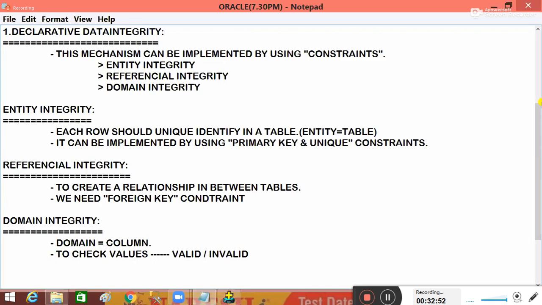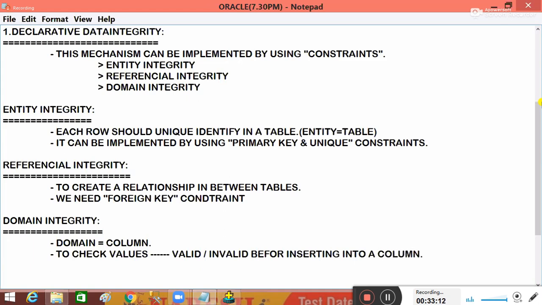When data is valid, only then is it accepted into the column. So it checks values before inserting into a column.